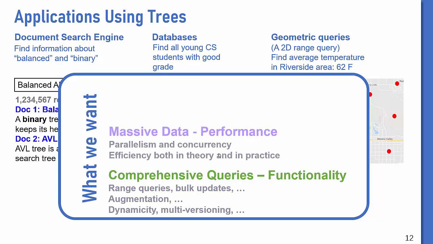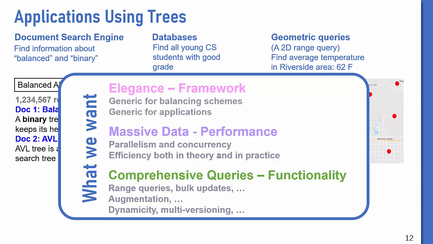Also, all of these 3 applications can deal with very big data, so we want good performance. In all of them, we need to consider parallelism, concurrency, and efficiency both in theory and in practice. Finally, with all these requirements, we don't want our solution, our tree, to be super complicated.